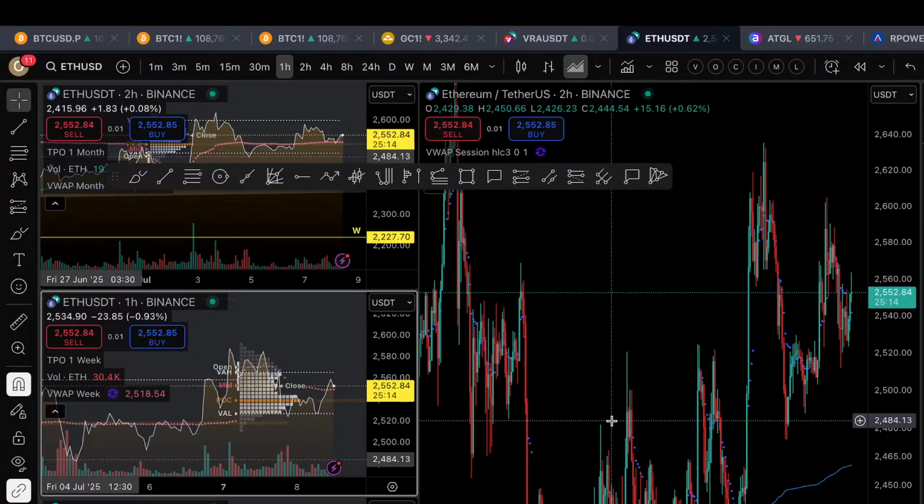Now if I have a level here, I'm going to set an alert on this anchored VWAP, which could offer a good trade, where we do not want to go below this low. So yeah, around here, taking it back up.